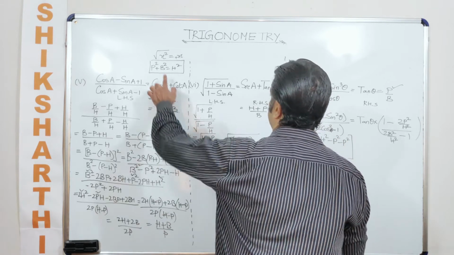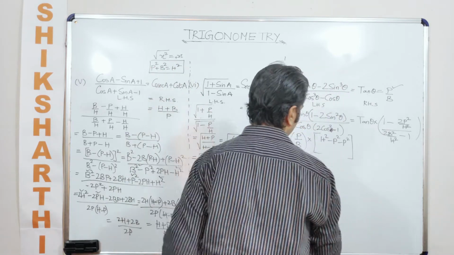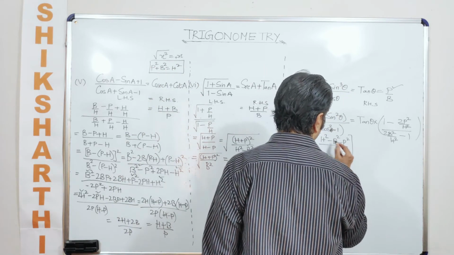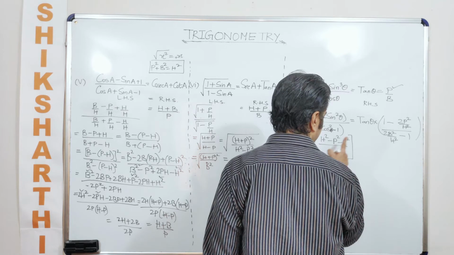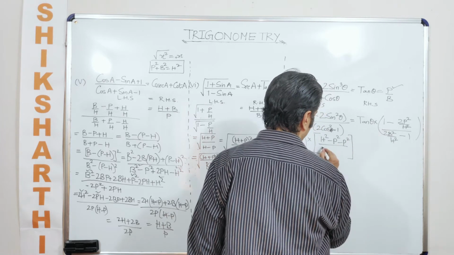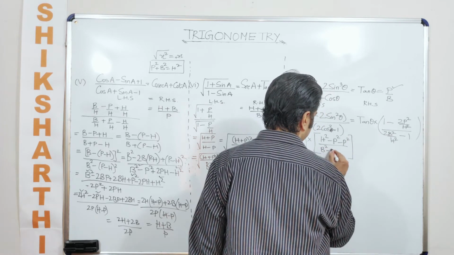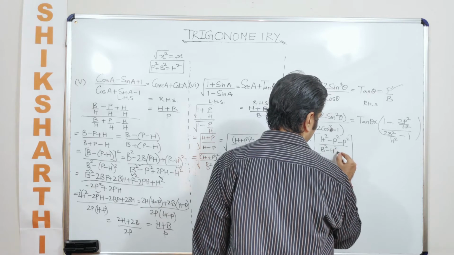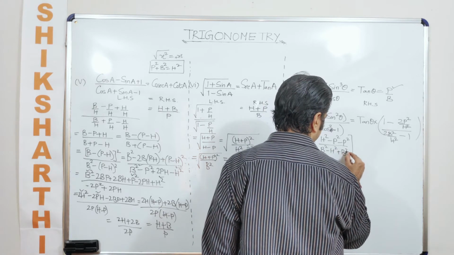What is the objective? H square minus p square is equal to b square, and this we can always write as 2b square minus h square. So b square minus h square plus b square.